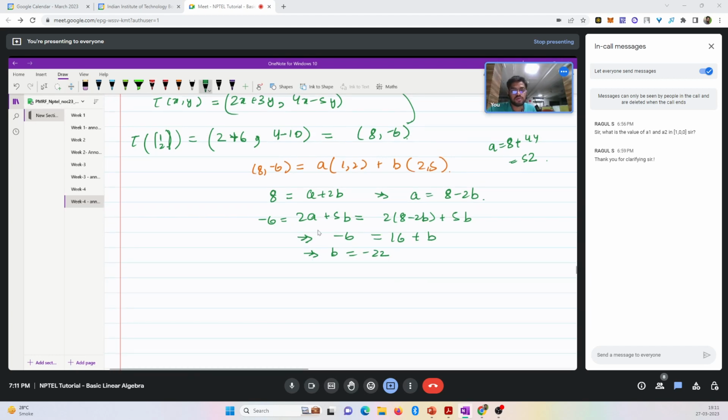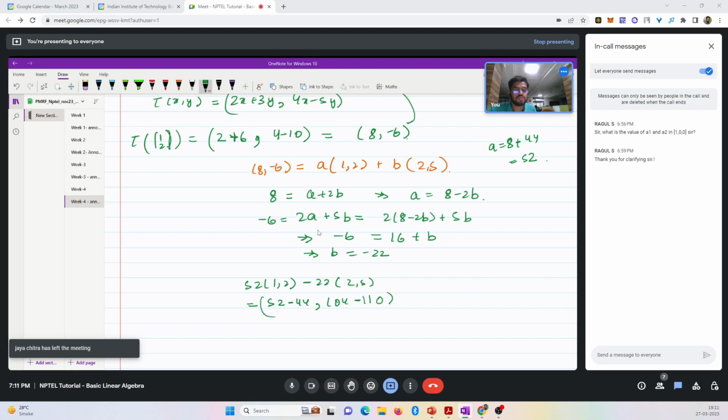Okay, so now what we wanted is 52 times 1 comma 2 minus 22 times 2 comma 5. So this is 52 minus 44, and this is 104 minus 110, which is minus 6.